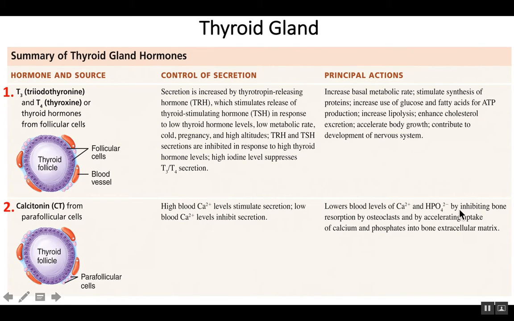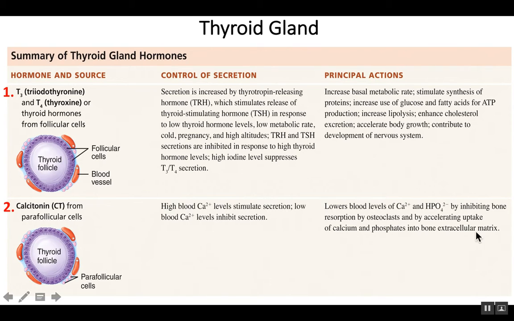It does this by inhibiting bone resorption by osteoclasts. If you recall, bone resorption by osteoclasts is when these cells break down bone matrix and release calcium into the blood. Well, obviously you don't want to do that when you have high calcium levels in the blood.